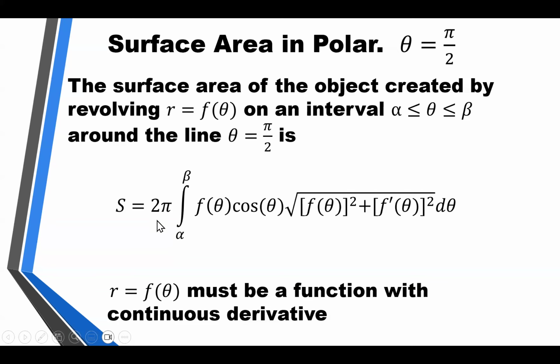So we get that the surface area is 2 pi, integrate from alpha to beta, my function times cosine times the square root of a really big quantity, which is function squared plus derivative of function squared, all integrated with respect to theta. Again, we have to have our r equals function of theta be a function with continuous derivative for this to work. Again, theta equals pi over 2, think that's the y-axis.